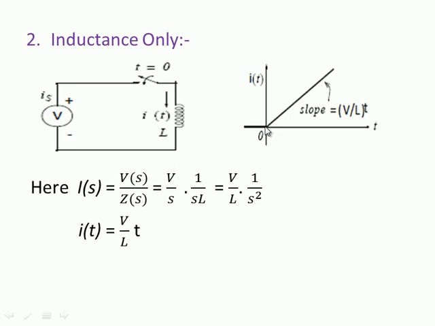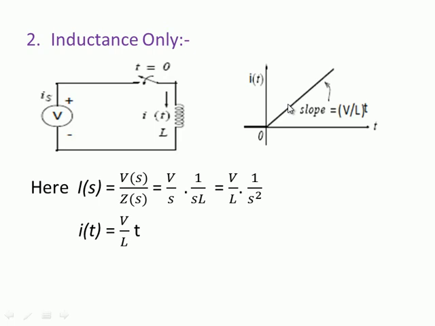At t equal to 0 plus, it is 0. It means inductance opposes the change in current. There is a gradual increase of current, and the slope is given by V by L, as shown in the diagram.